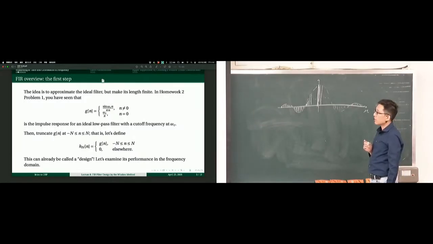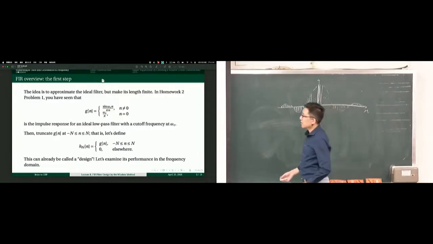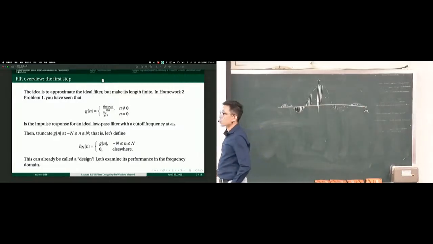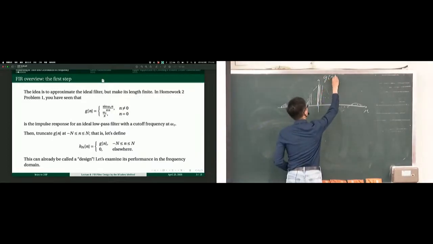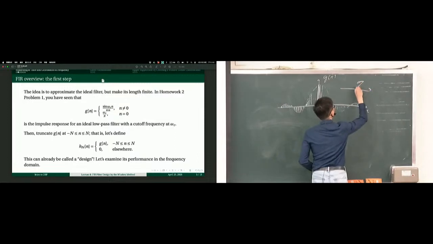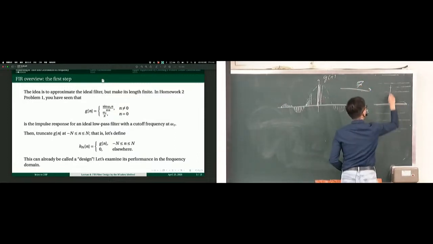Therefore, it makes sense to truncate g of n. If this is our ideal filter, it's ideal in the sense that after Fourier transform, the frequency response is low pass with a cutoff frequency at small omega c.